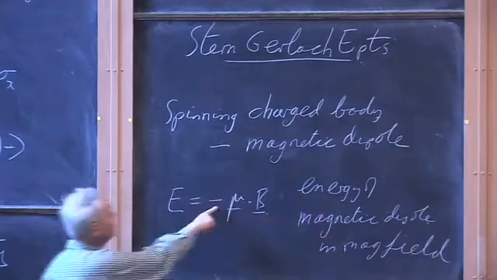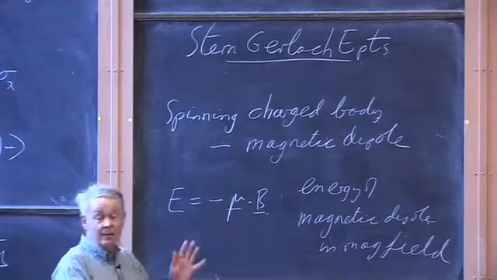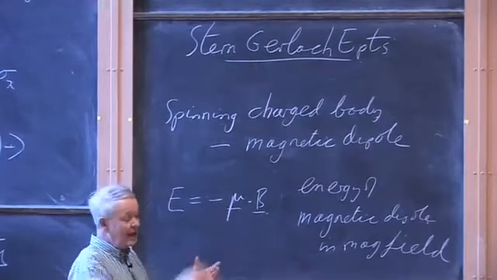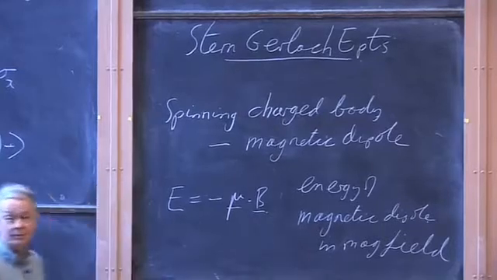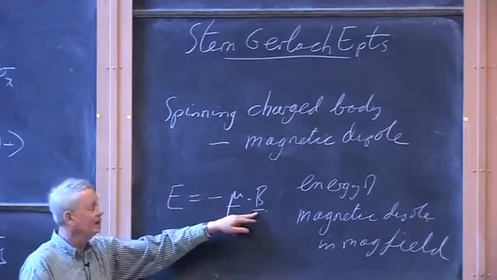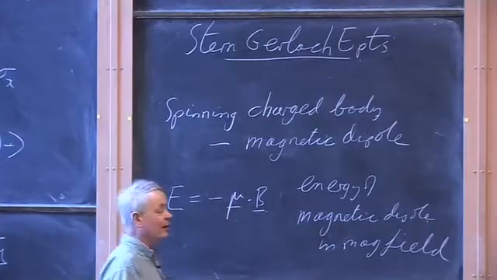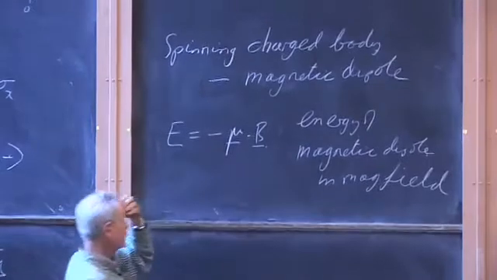So there's a minus sign here which says that the energy is lowest when the dipole is aligned with the magnetic field, right? So when this dot product is positive, the energy is lowest, so that's why magnets, compass needles and whatever, align with the magnetic field.